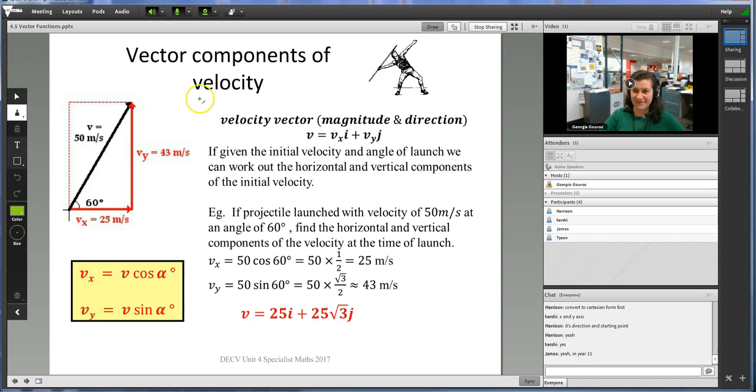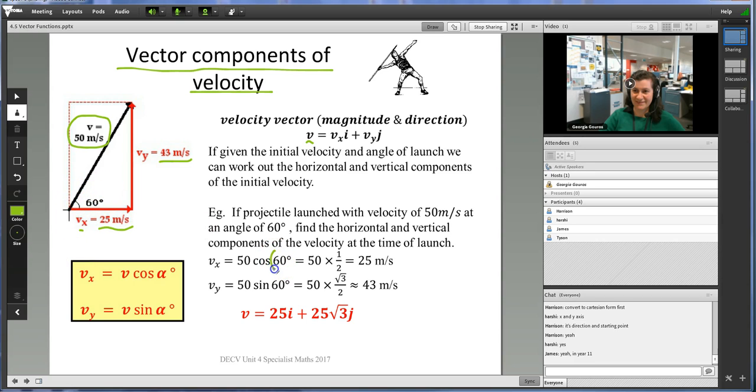Okay, so what do I mean by all this? We've got these vector components of velocity. So it's got magnitude and direction. So for example, if you launched a javelin at 50 meters per second at an angle of 60 degrees from the horizon, the x component of that would be 25 meters per second, and the y component of this would be 43 meters per second, worked out using this angle here.